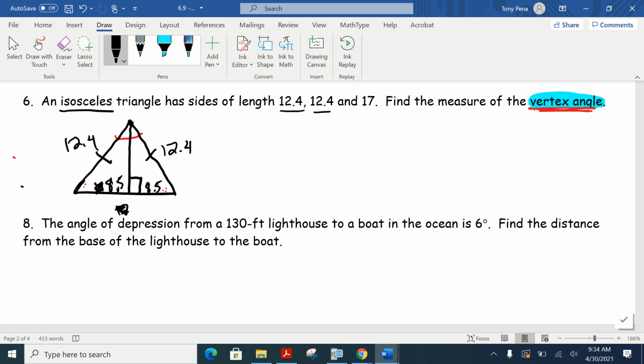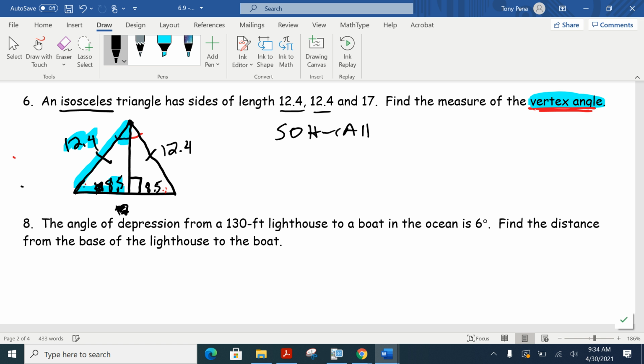All right. So now from there, let's say I ask you to find just this little angle right here. We now know that this length is 8.5, and this side here is 12.4. See what we remember from the last few days, set up your equation.